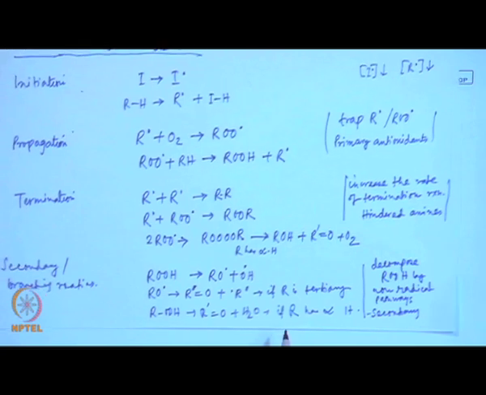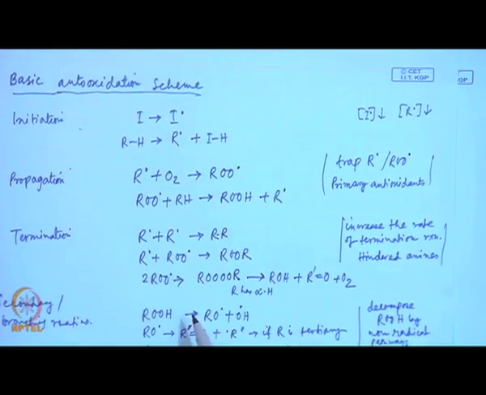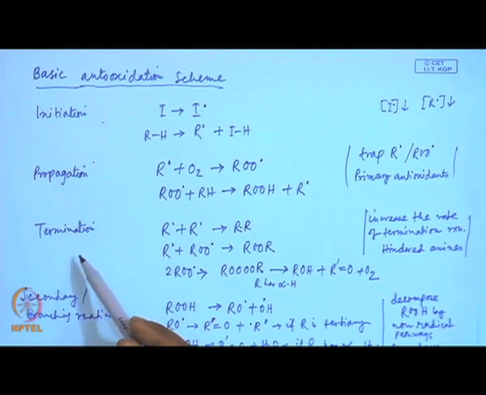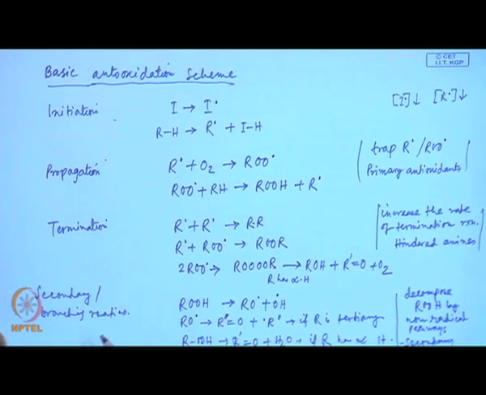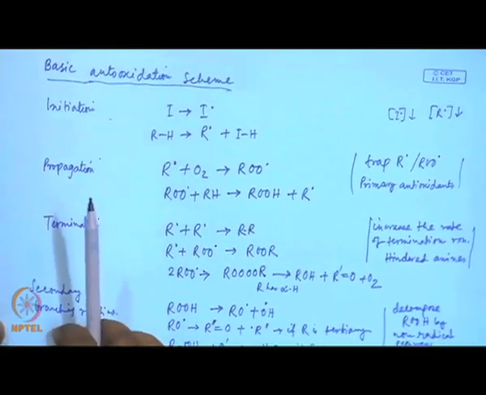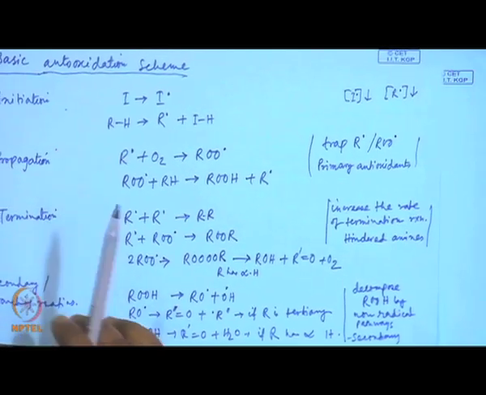So, basically we know what the steps in the auto oxidation process are: initiation, propagation, termination, and secondary and branching reactions. And to prevent that, what are the things we might do, or that is typically done?